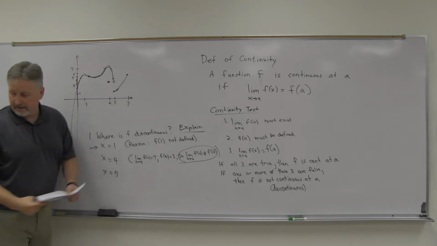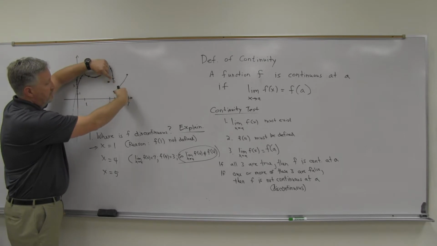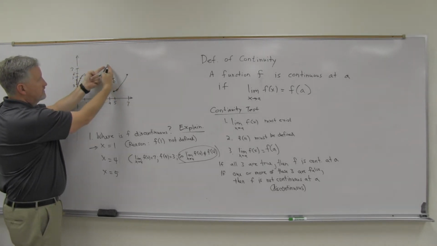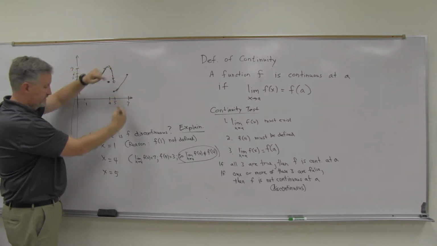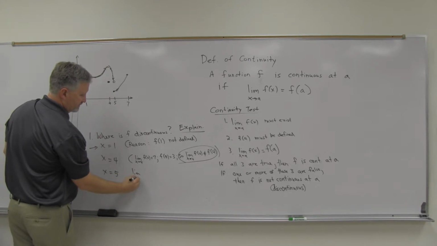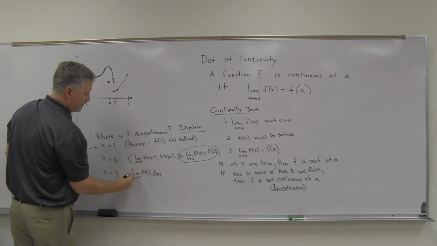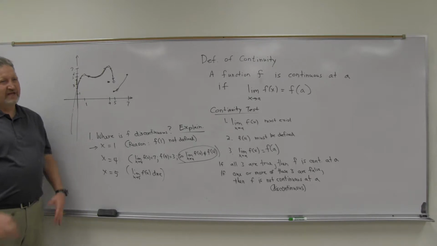So I'm coming in here, and then I'm coming in down here. That limit doesn't exist. For the limit to exist, they've got to come in at the same level. So for number 5, the reason would be the limit as x approaches 5 of f of x does not exist. So they all three had different reasons. You see? So that's why you need all three.